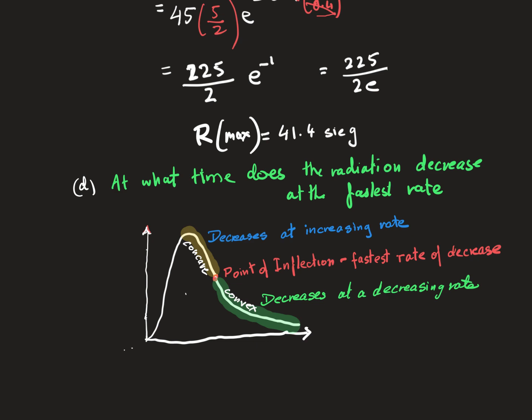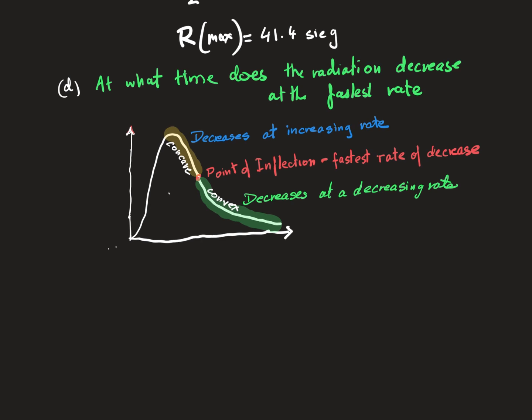So what are other properties that we want over here? In that case, we do know that this was 1 over b. This was 2 over b. At what time does the radiation decrease fastest? Time is 2 over b. This is where the rate of decrease is the fastest at that time, okay?